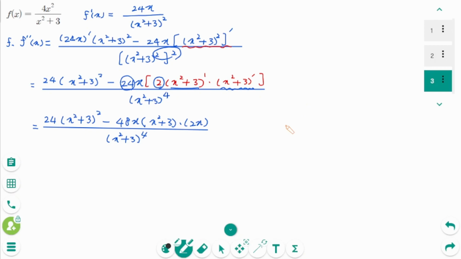Then divide by x squared plus 3 on each side. So cancelled, cancelled, cancelled.